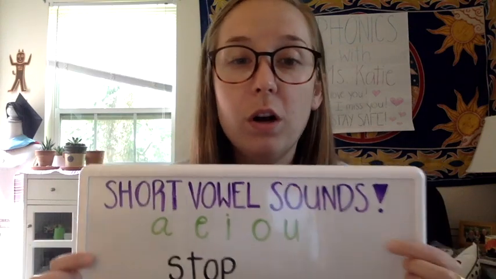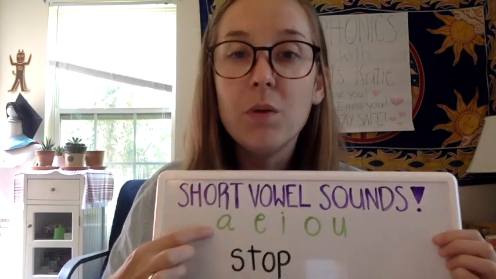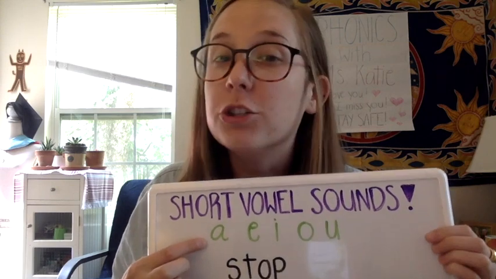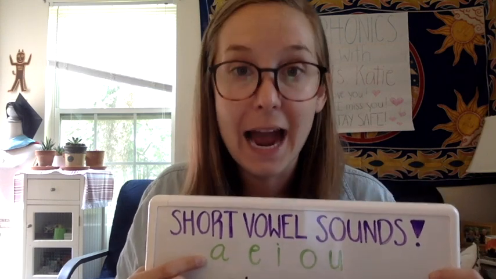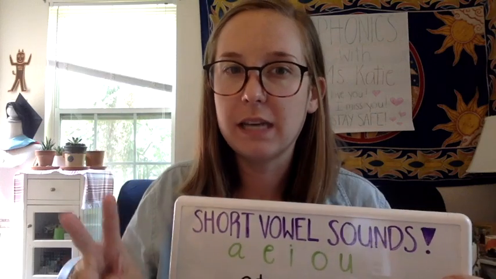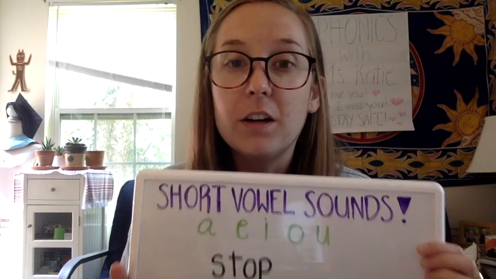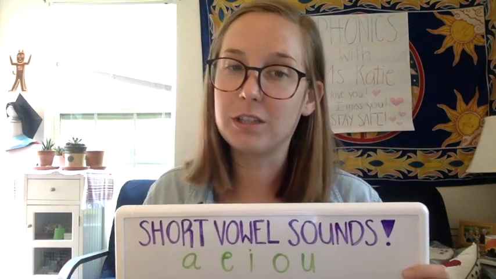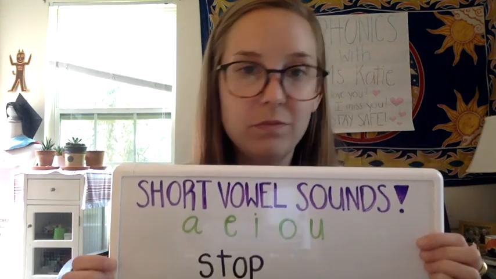So a long A would sound like A, but a short A sounds like ah. It can say A or it can say ah, and that ah is the short vowel, and that's what we're going to be talking about in our video today.